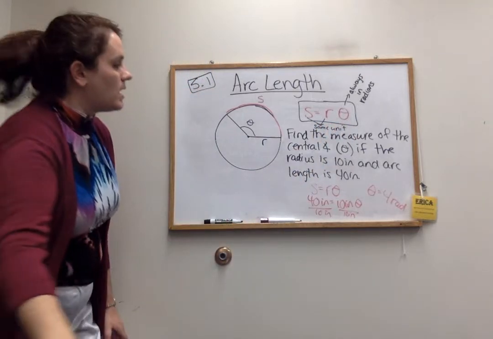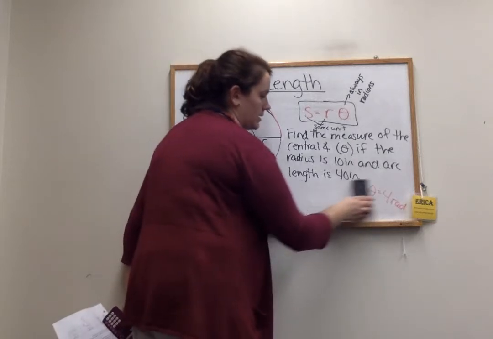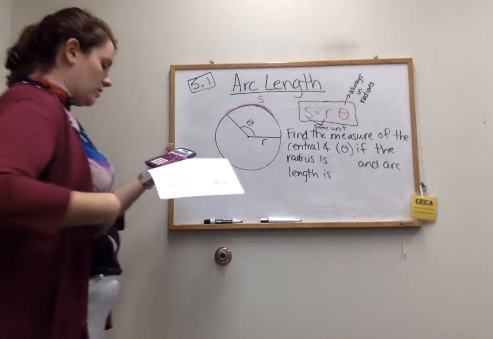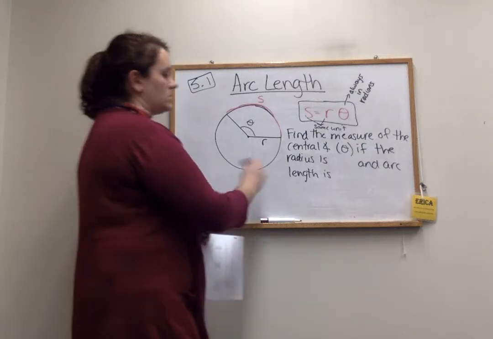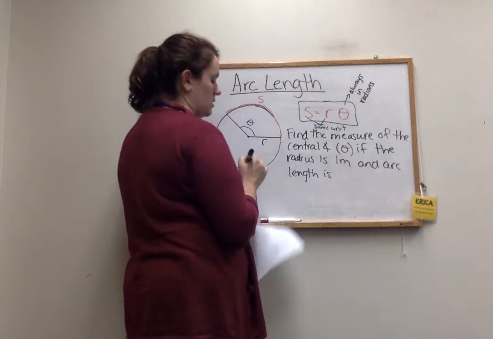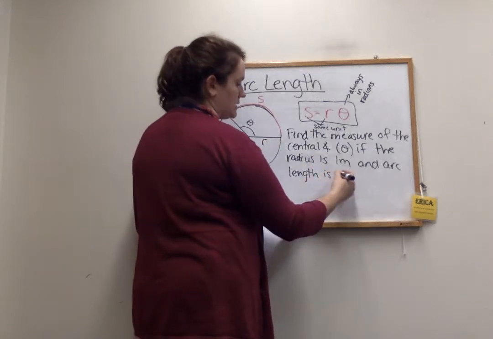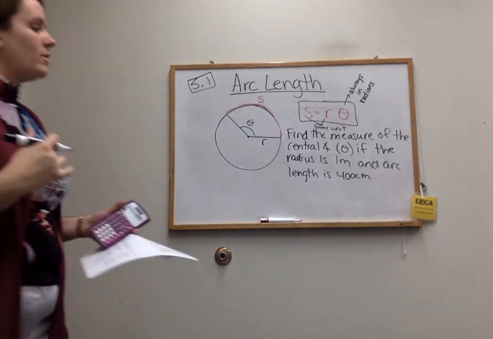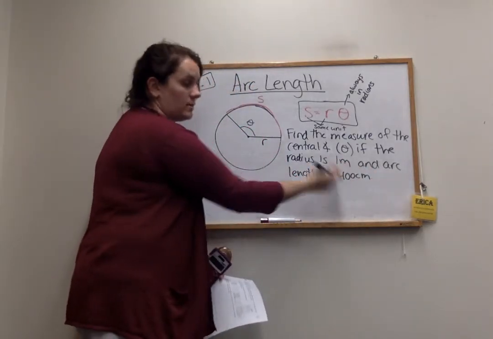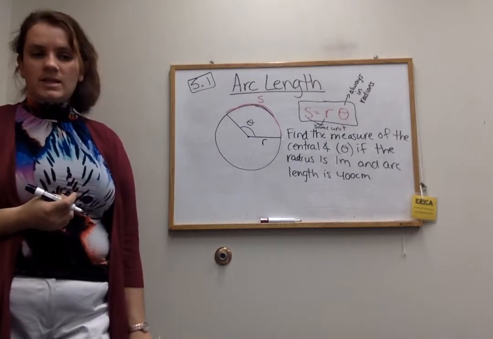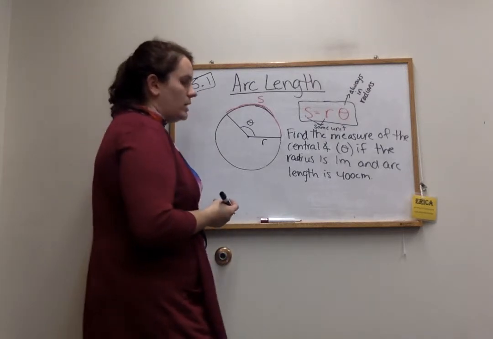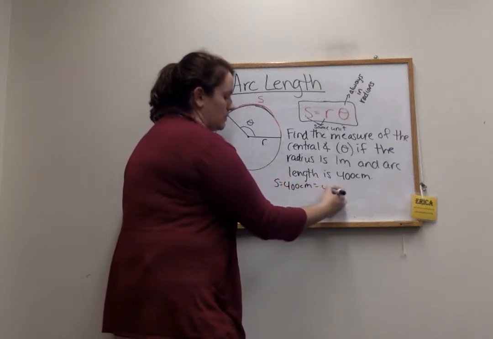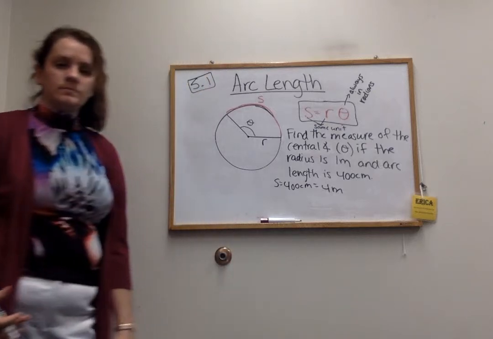As an example, if they told you that your radius is 1 meter and your arc length is 400 centimeters, before you can do the problem, you have to be sure to change one of these so that they are both in the same unit. We could say that arc length is 400 centimeters, which is 4 meters, and use that.